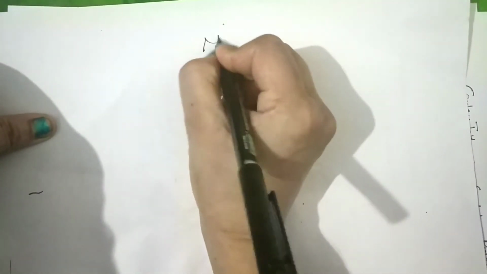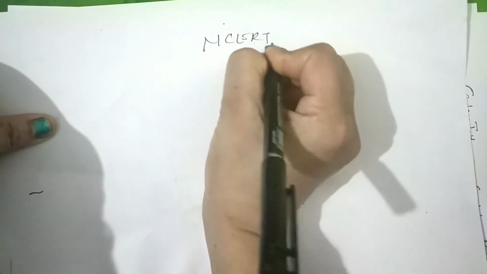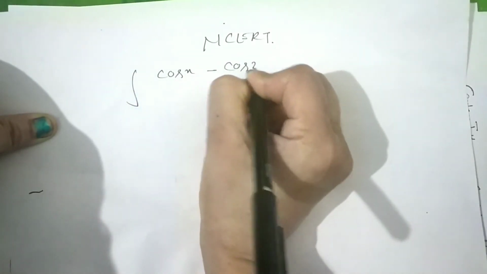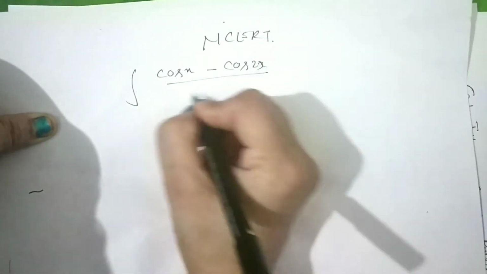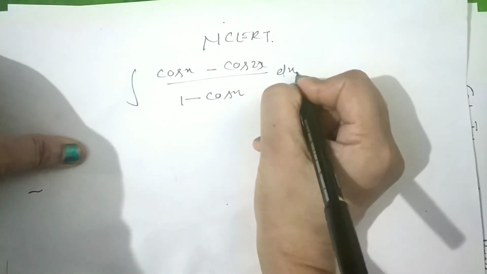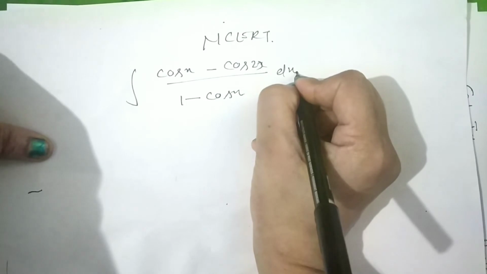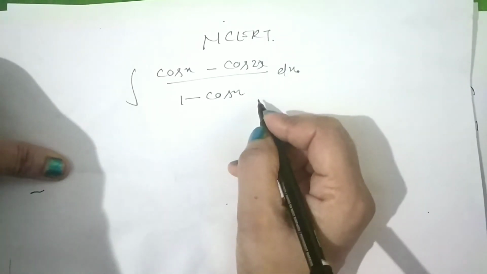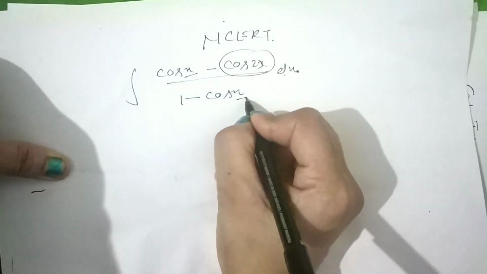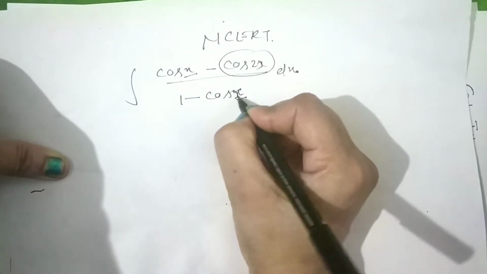Again NCERT. This question is integral of (cos x minus cos 2x) upon (1 minus cos x). So how to solve this? In this question, we have to do some tricky work again. All the other angles are x, but here it is 2x.